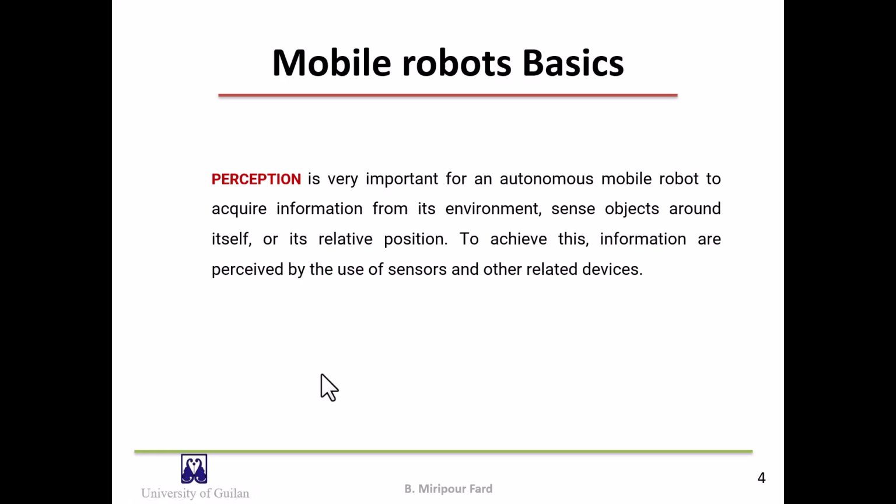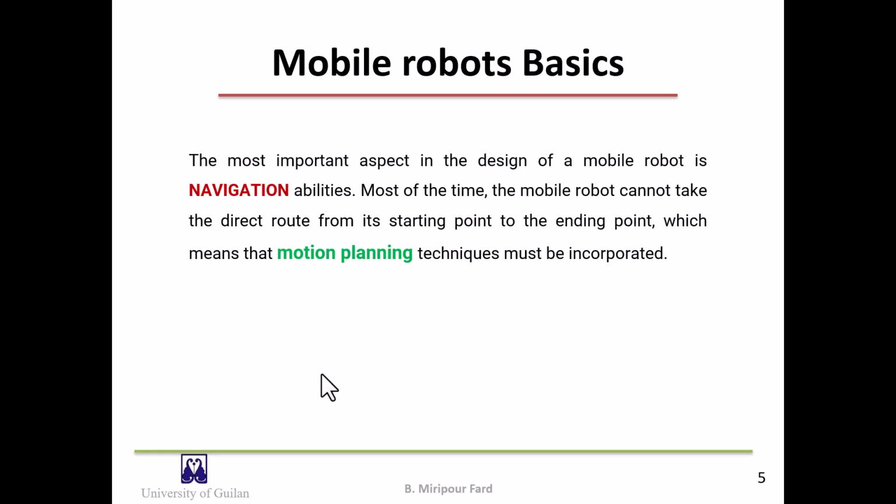Perception is very important for an autonomous mobile robot to acquire information from its environment, sense objects around itself or its relative position. To achieve this, information is provided by the use of sensors and other related devices.